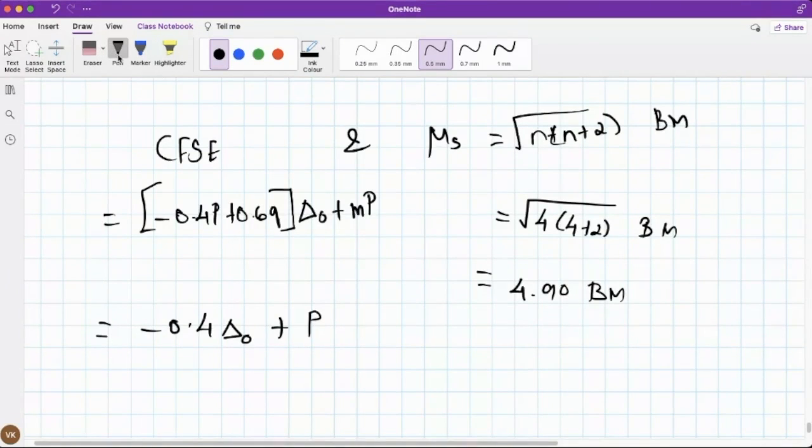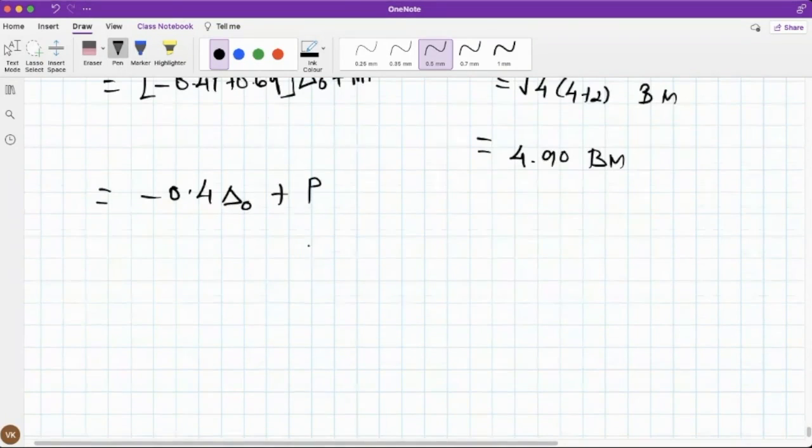So now, let's say for the same cobalt complex, but in this case a strong field ligand. Now you do it by yourself and let me know: what is the CFSE, and what is the spin only magnetic moment?